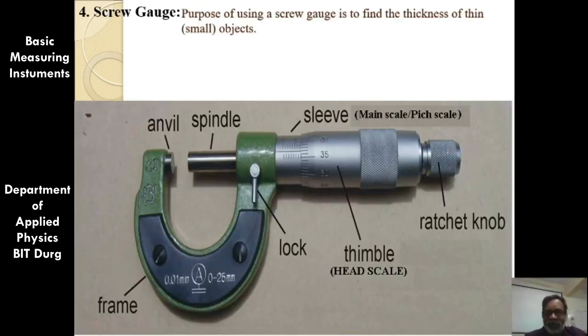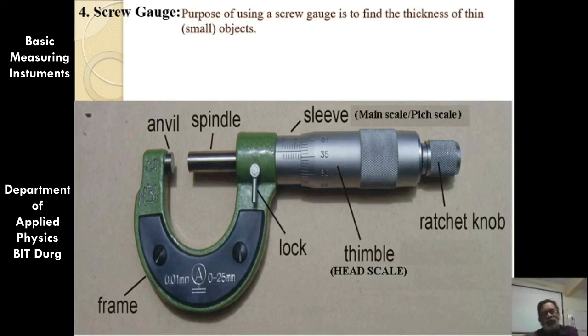Now, the second instrument which is used for measuring smaller linear separations is the screw gauge. This screw gauge is basically used for measuring the gauges of wires or sheets. That gauge is basically the thickness or the diameter of very fine wires.